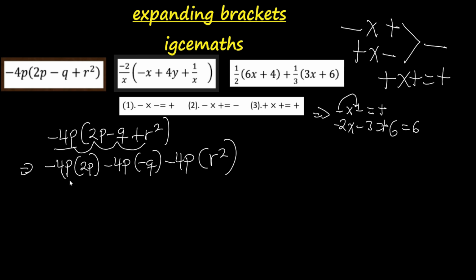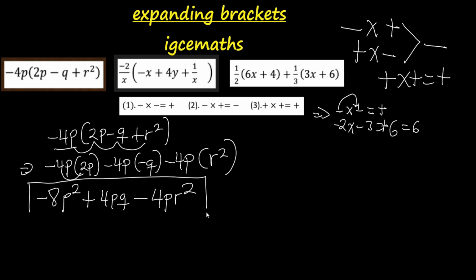So 4 times 2 is 8, so let me write minus 8, and p times p is p squared. Here, two negative numbers are multiplying, so the resulting symbol will be positive. So you're going to have 4pq. And here, a negative term multiplying a positive term, the resulting symbol will be negative. So 4p times r squared is going to be minus 4pr squared. So this is our final answer.